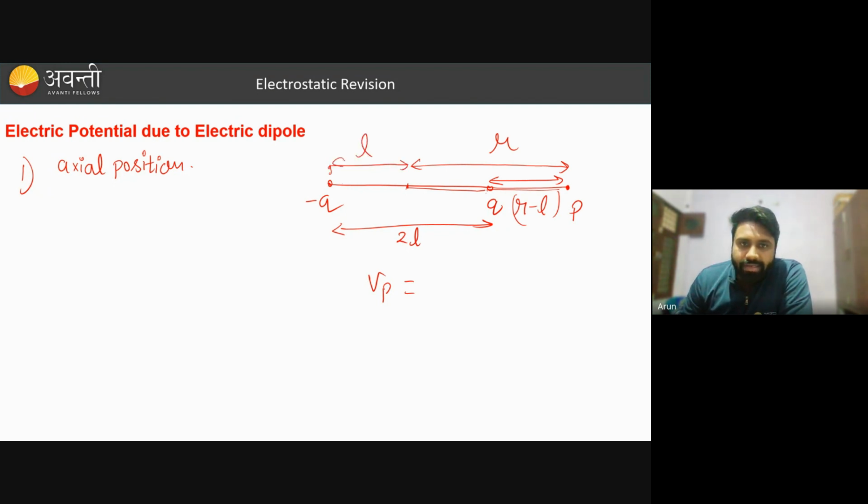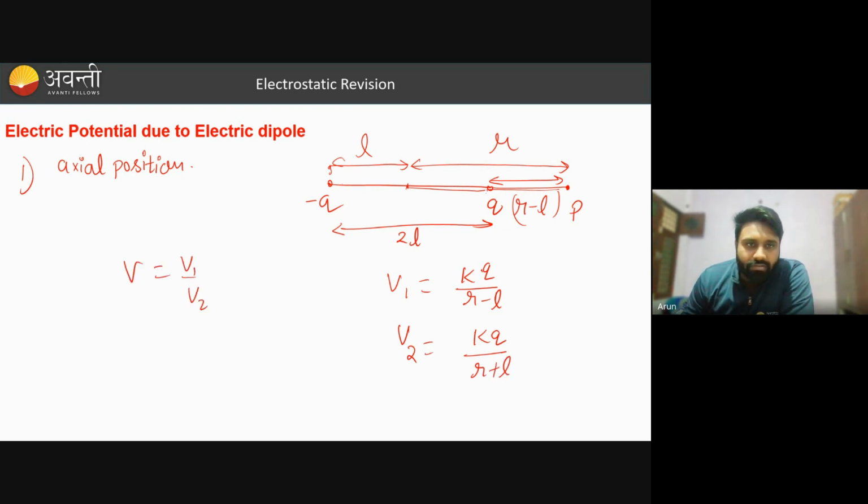So Vp, for minus Q, let's say V1. V1 is KQ upon the distance, which is R minus L. V2 is KQ upon R plus L. So V is equal to V1 plus V2.